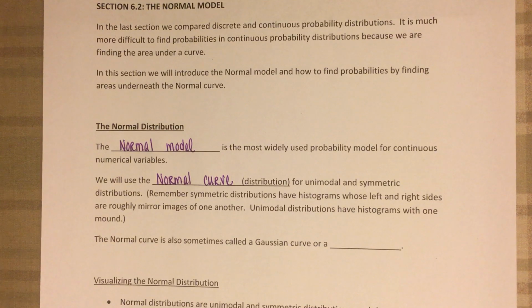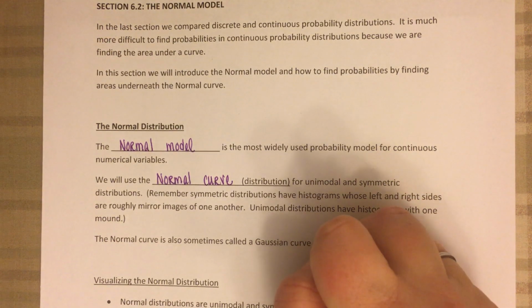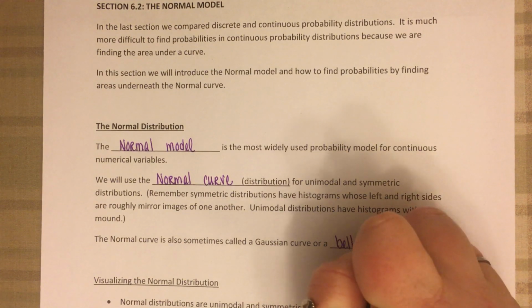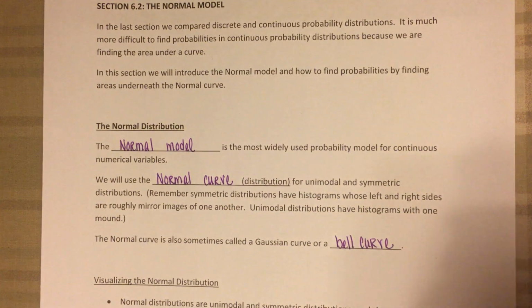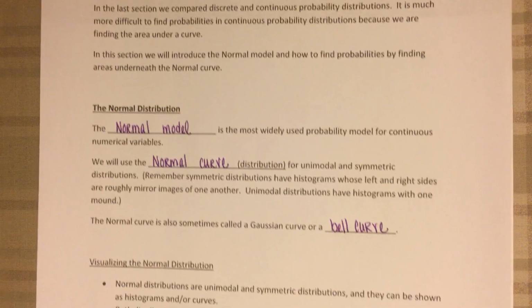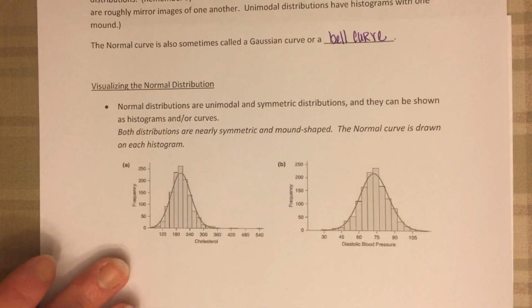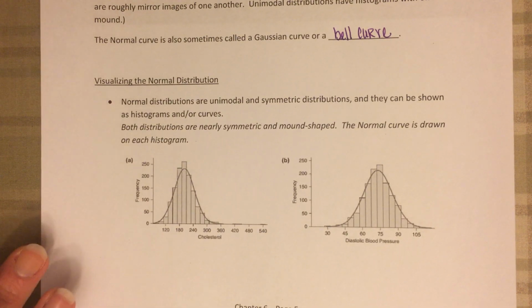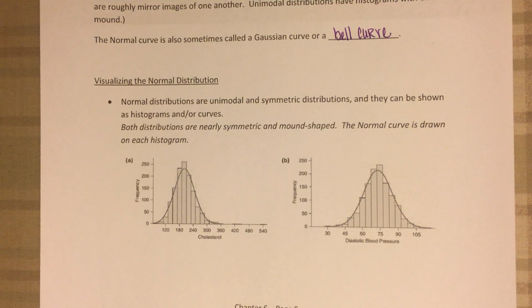Our normal curve is also sometimes called a Gaussian curve, or more often than not, it's just commonly referred to as a bell curve. Right? So our normal curve is a bell curve. It's something that is unimodal and symmetric. So if we look at these two images at the bottom, very rarely are our probability distributions perfect. Right? These are models, so they closely fit.